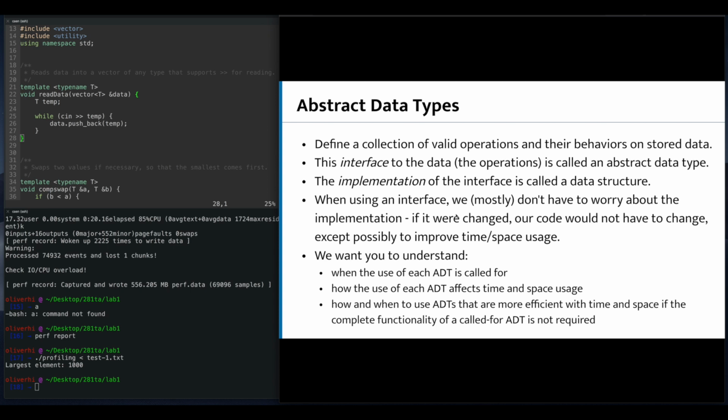We want you to understand when to use ADTs, why you want to use ADTs, and how different operations you do on those data structures affect time and memory. Those are all very important.